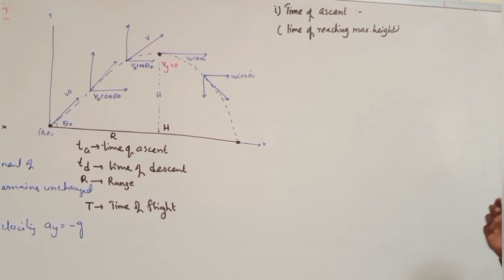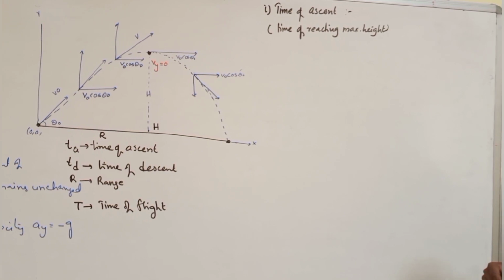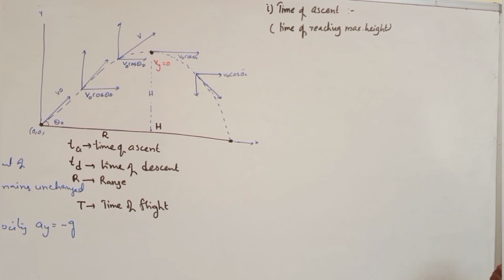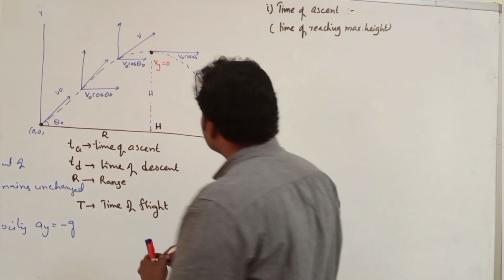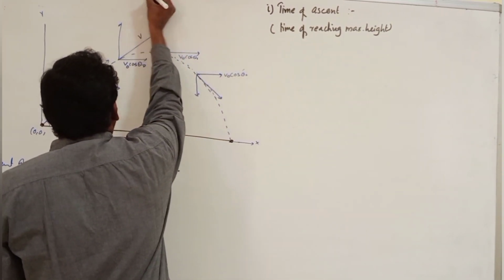Here we observe and analyze vertical and horizontal components separately. This was actually proposed by Galileo, where the horizontal component of acceleration and the vertical component of acceleration, vertical distance, horizontal distance can be seen separately.